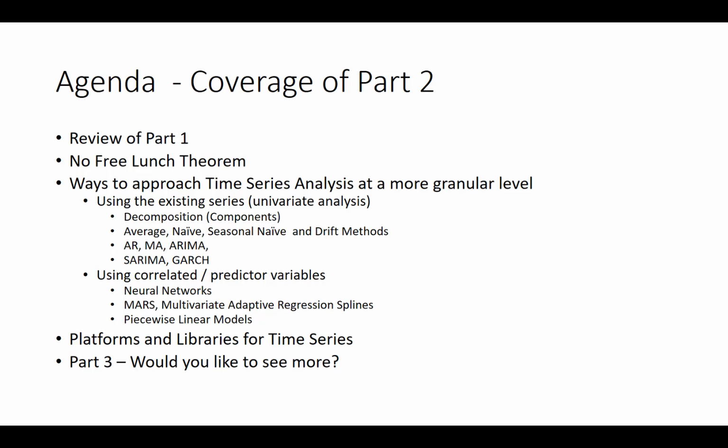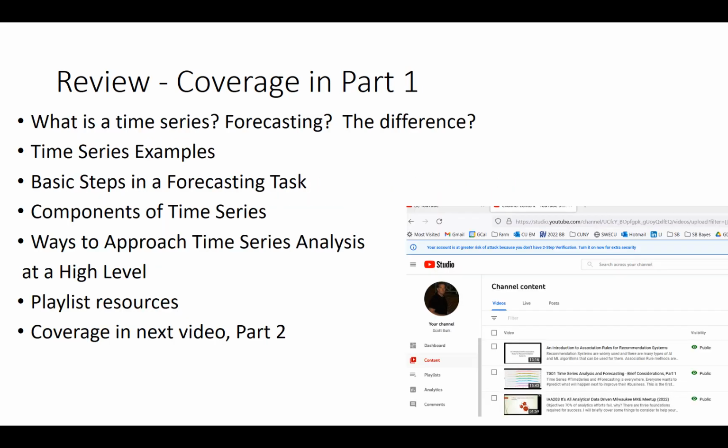I'm going to give you some references, some things that you can look at, places to go for using traditional time series univariate analysis, and then I'll give you some ideas for correlated predictor variables to predict the time series, so you can forecast the series using other predictors other than the historical forecast itself. And then a couple of platforms that you can do time series in, including R and Python, a couple of libraries there, and then see if you want to go anywhere with me the next time.